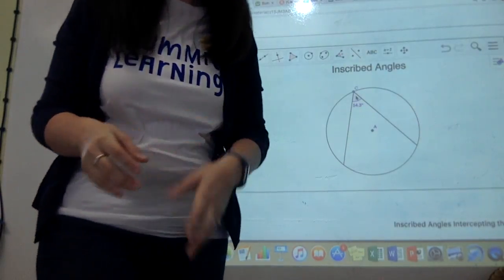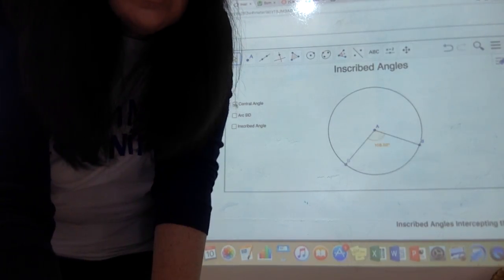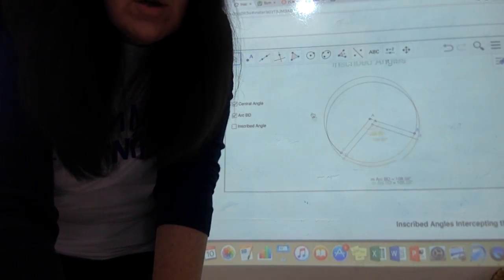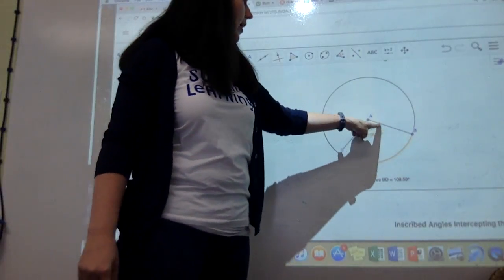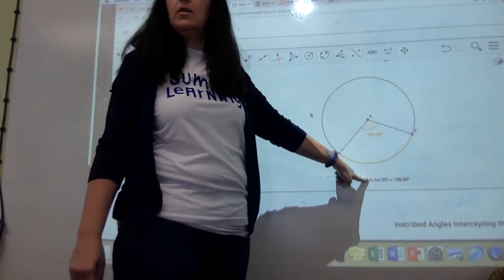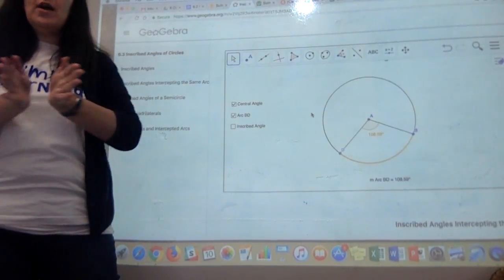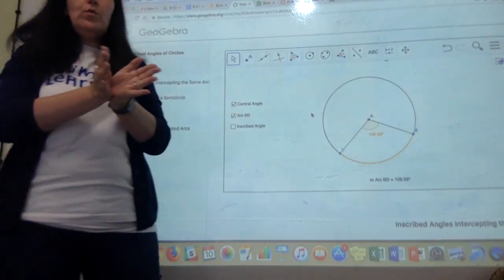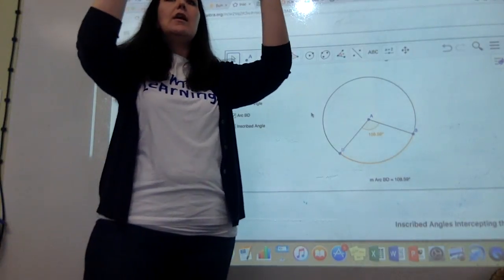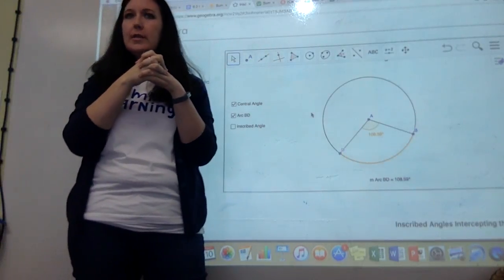Let's talk one more thing about central angles, and then we'll come back. Notice the central angle and its arc are the same. That's always going to be true, because all circles are similar.